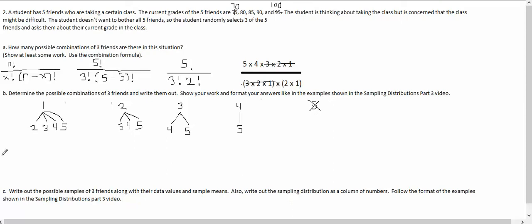So after 2, you have 3, 4, and 5. And we don't go past 5 because there's only 5 population members. And then after 3, we have 4 and 5.